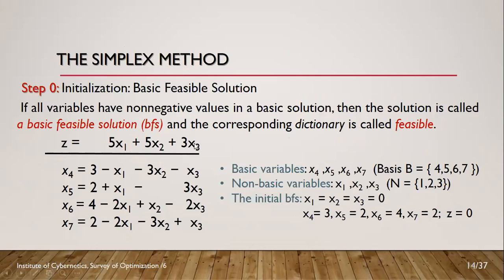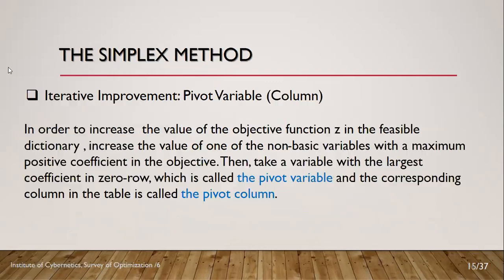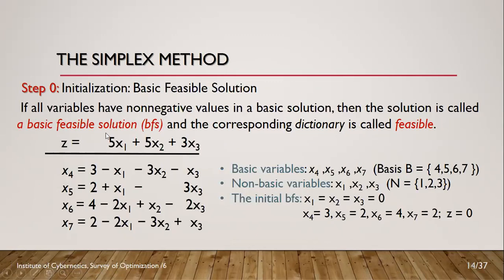So that's why we do not consider negative coefficients. Whenever we have a positive coefficient in the objective, it means that there is a potential to increase, and we should try to use this to improve our objective function value. So we showed it by looking at the first two variables, but the same is true about the third variable. I just don't want to go over it because it will be the same.